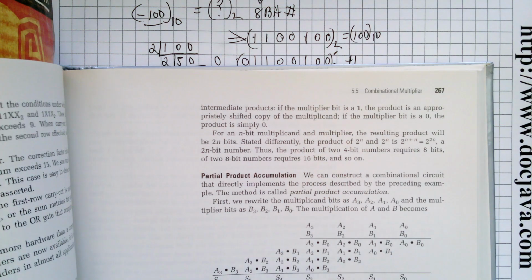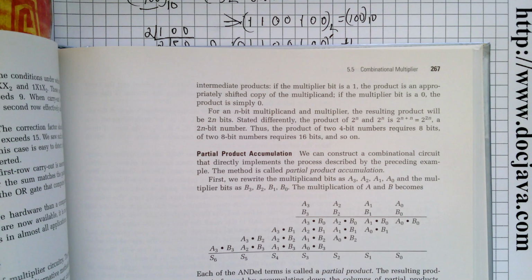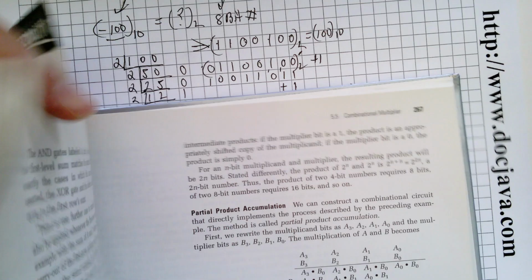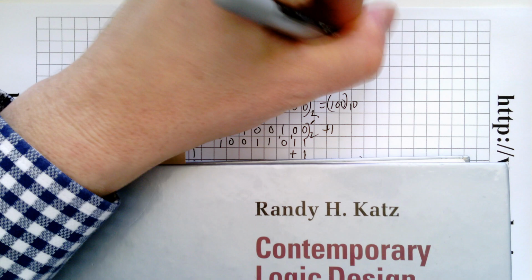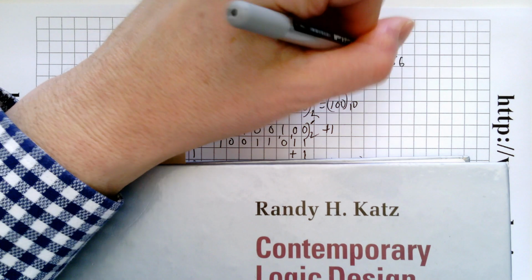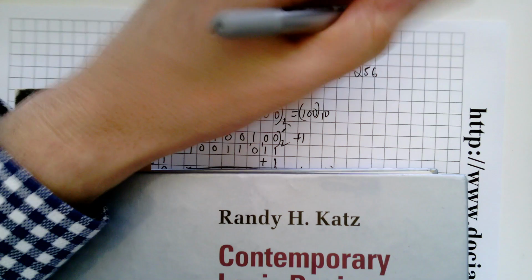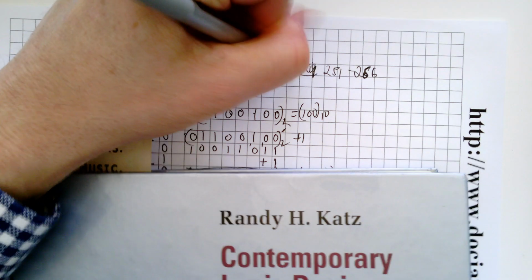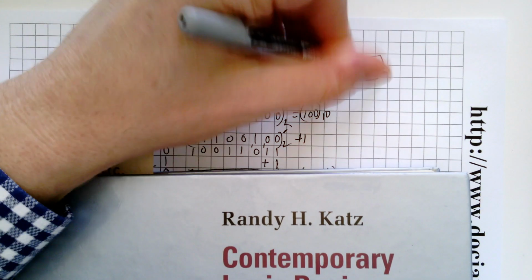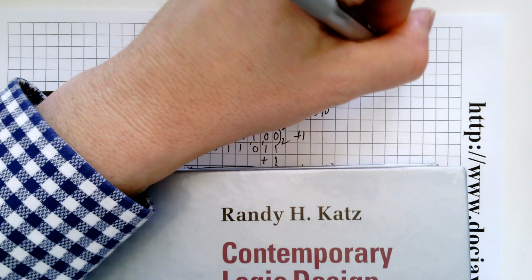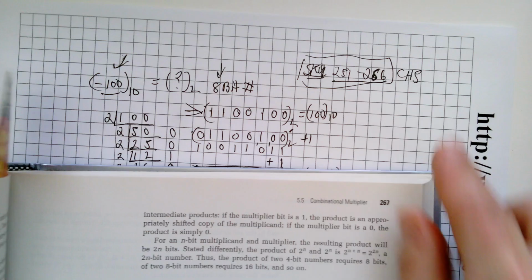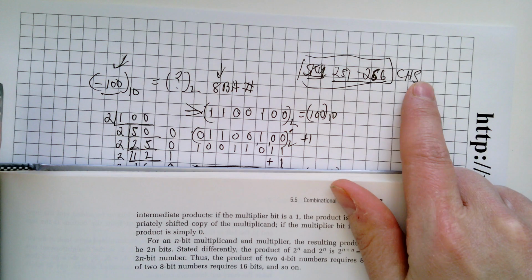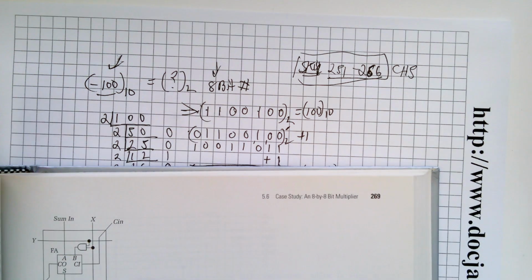Yeah, you want to read about the multiplication. So partially, you're going to want to skip to page 266. So omit 251 to 256. So skip that. So we're skipping 251 to 266, reading chapter 5.